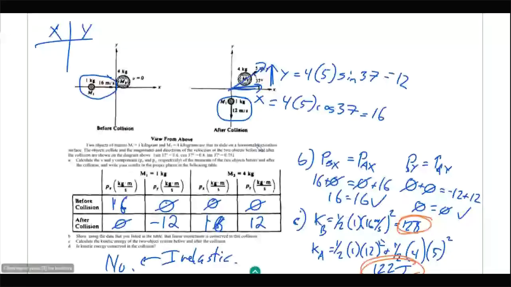So either you need to be told that it's elastic, in which case you've got P before equals P after and energy before equals energy after as your two equations, or they have to tell you one of the final speeds or something about the final situation. So that's definitely doable. Yep. Okay. Any other momentum questions before we move on to our next sort of shindig here?